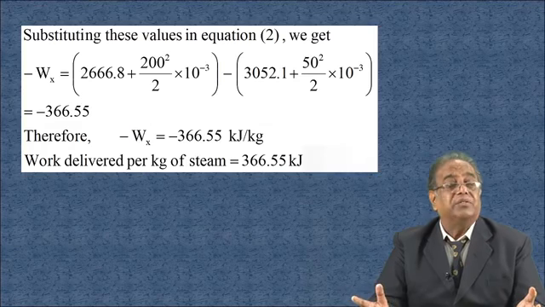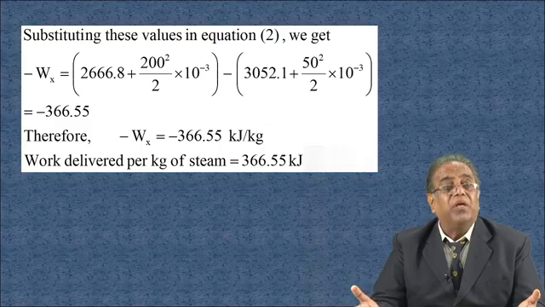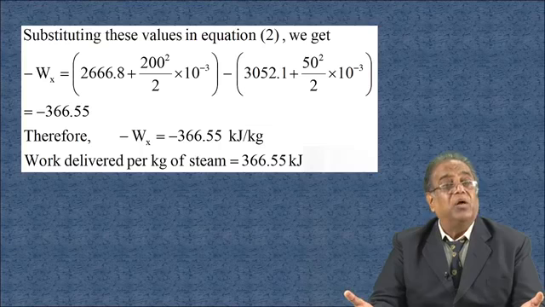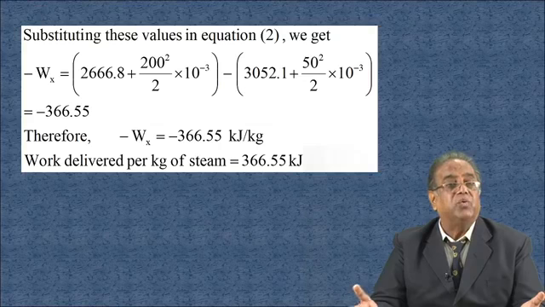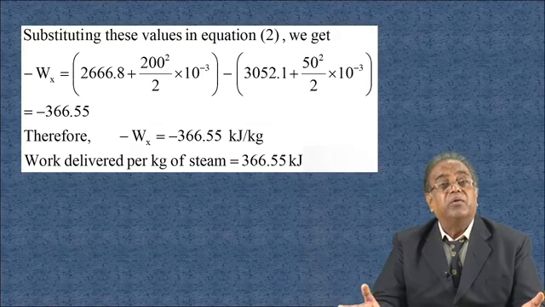But dear learners, why are we multiplying by 10 to the power minus 3? Because H1 and H2 are in kilojoule, but when you calculate V square by 2, it is actually joule. So we have to convert into kilojoule. That's why in this equation we are multiplying by 10 to the power minus 3.